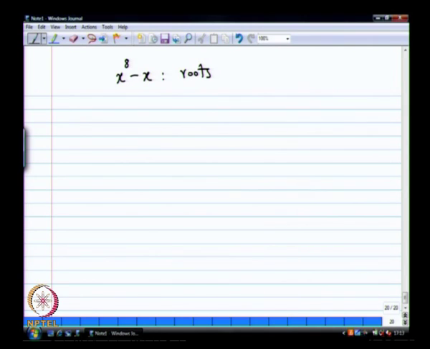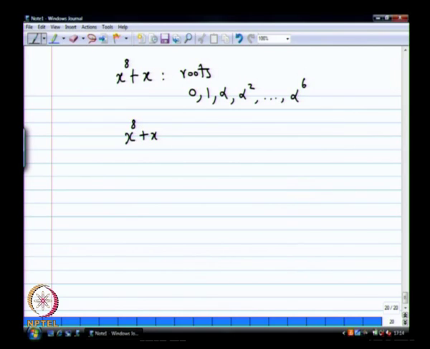All the elements of F8. How many elements do I have in F8? 8. So I have a polynomial of degree 8 and it has 8 roots. What should x power 8 plus x be? Minus x or plus x? I am doing it all in F8, so minus or plus does not matter.